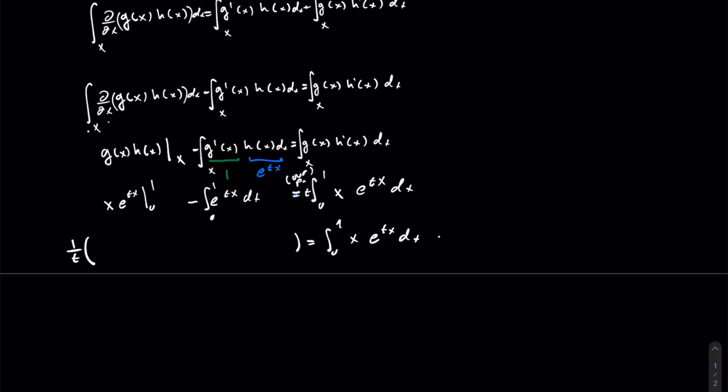Evaluating this piece, we have that's 1, e to the t. That's 1 there, and then whatever negative we subtract off, evaluated at 0, that's 0. That's just how it is there.